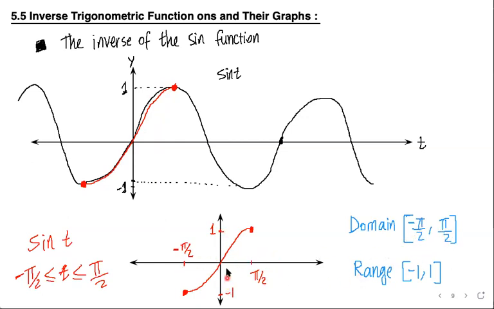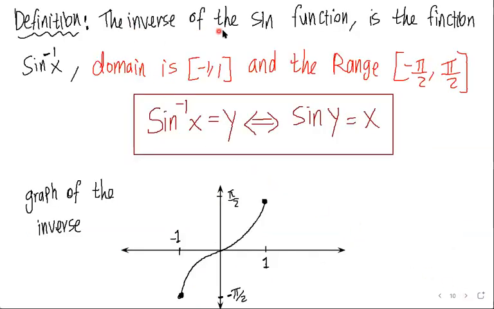The range is from minus 1 to 1. For the inverse function, the domain is the range. The inverse function has a range that is the domain of sine t. So the inverse function is denoted by sine inverse. The domain of sine inverse is from minus 1 to 1. The range is from minus pi over 2 to pi over 2.